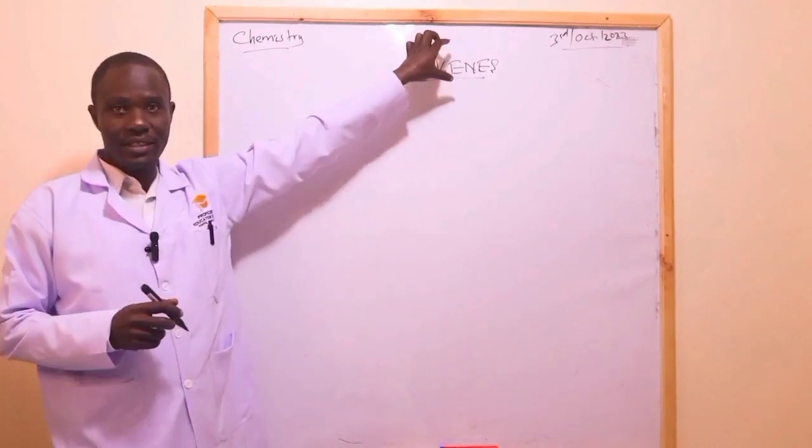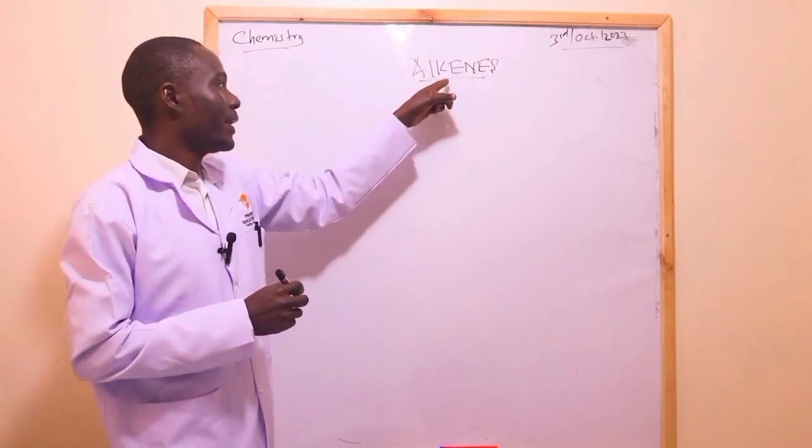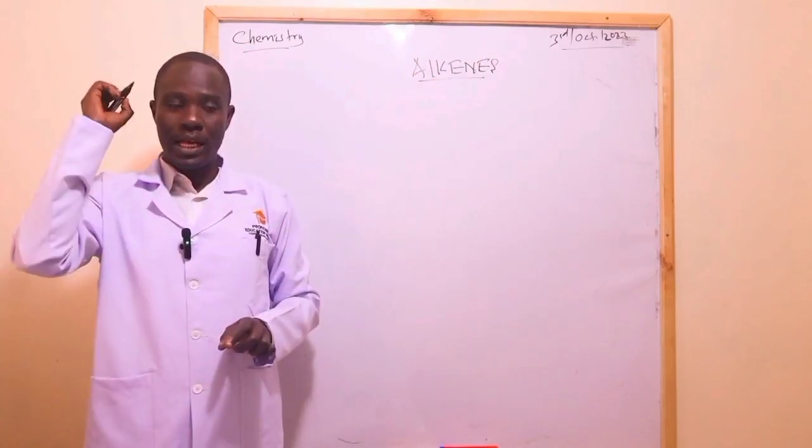So, alkenes are just the second type of hydrocarbons that have got a double bond.